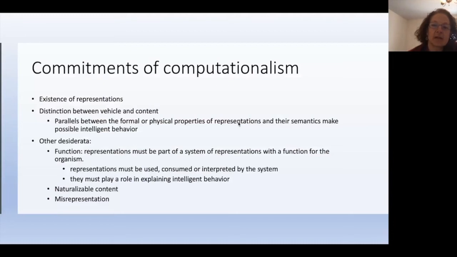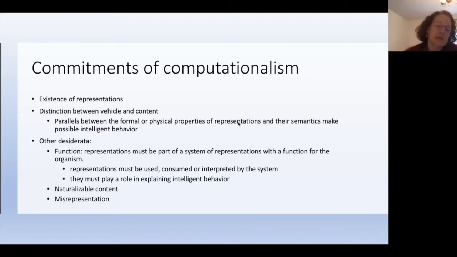And so the sort of magic trick of computationalism is that you can explain reason-respecting behavior or semantic behavior in purely physical terms, because in some sense the semantics is paralleled by the physical realization, and causal processes operating on the physical realization therefore lead to semantic transformations. And so there needs to be some distinction between vehicle and content, where you can talk about operations on vehicles that lead to parallel changes in content.